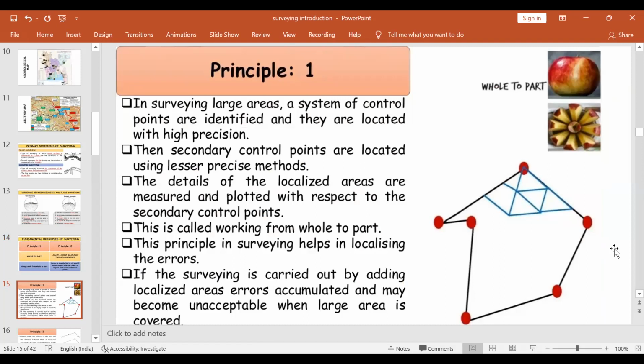Whenever we are measuring this entire thing, it will be taken as a single unit. Just see above, one apple is there which is cut into several pieces, right? Whenever we consider it, it will be seen as a single apple.